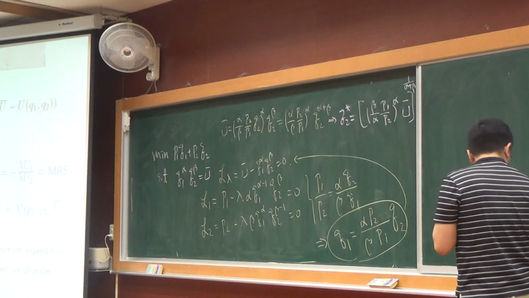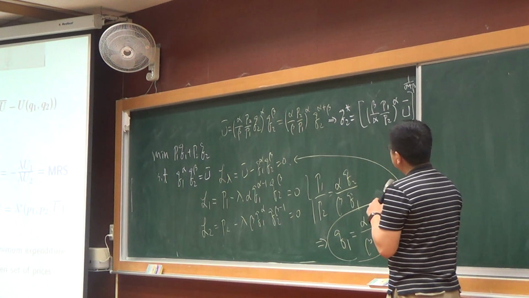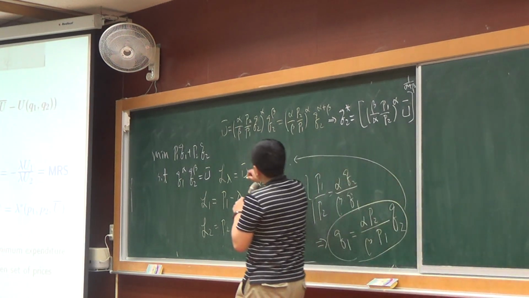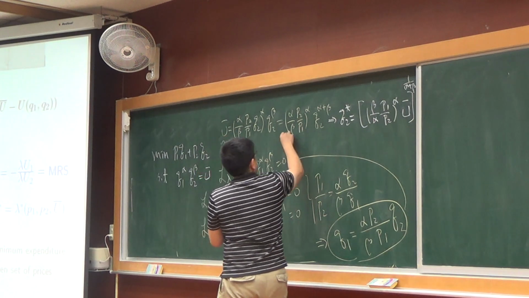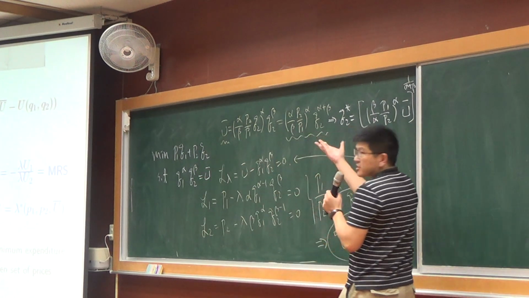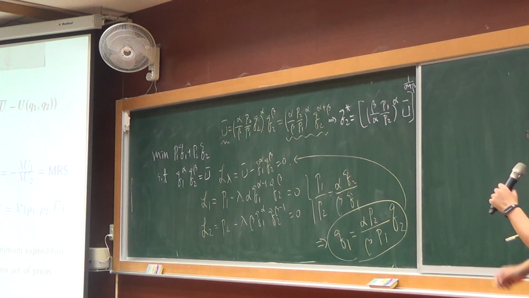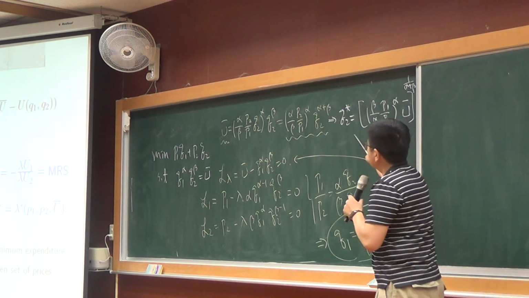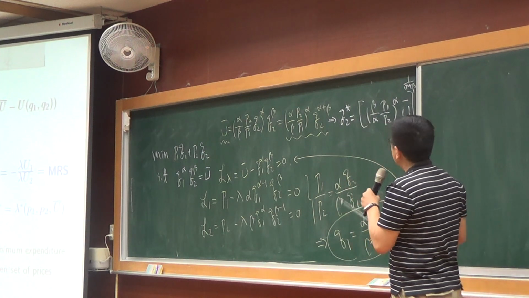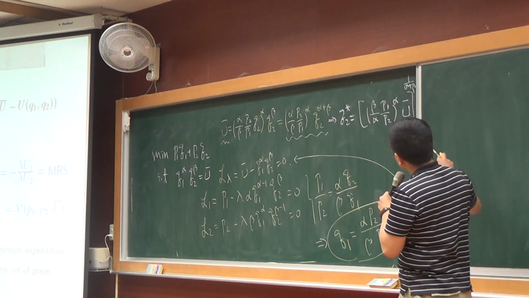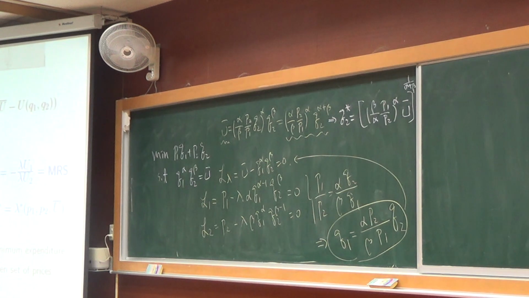Okay? Because U bar equals this, and we just rearrange the equation so that we may have Q2 star. And you will see Q2 star is a function of what? Of P1, P2, and U bar. Q2 star is a function of P1, P2, U bar.